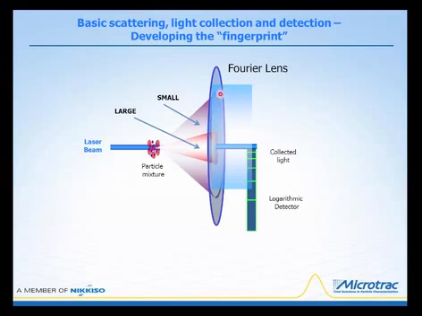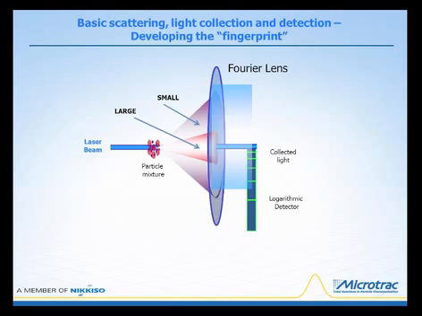Now, the light then is captured by a Fourier lens, and that light is then focused onto a logarithmic detector. And you'll notice the detector segments increase in size as we go out to wider and wider angles. And that's to take into account the lower intensity with which the small particles scatter the light.